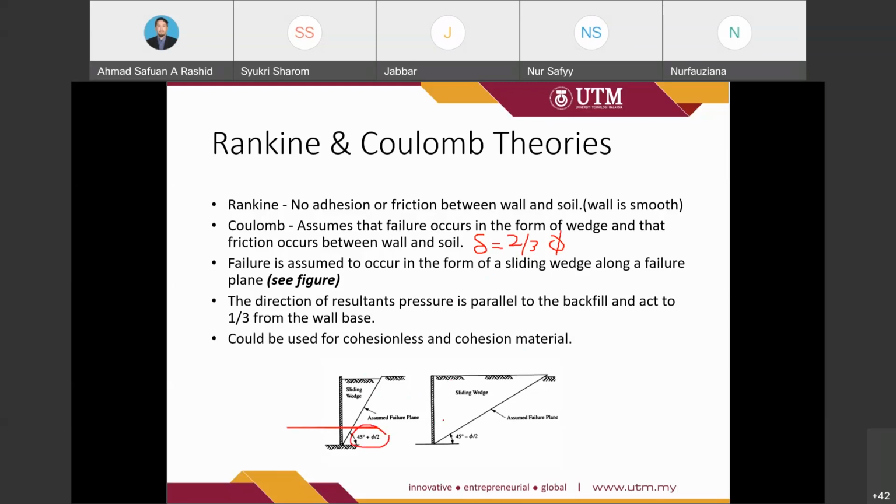By assuming this degree of the failure, we may use this value to derive the equation for the Kp and also for the Ka. The direction of resultant pressure is parallel to the backfill and acts at 1/3 from the wall base.